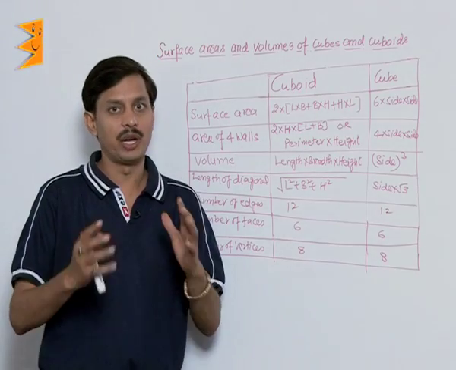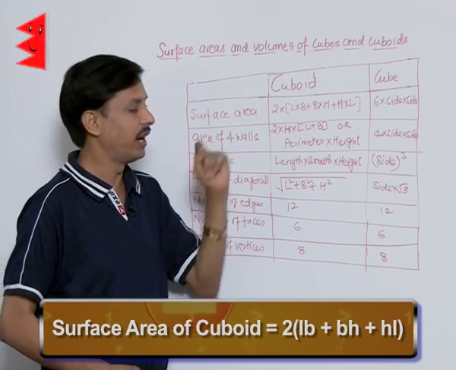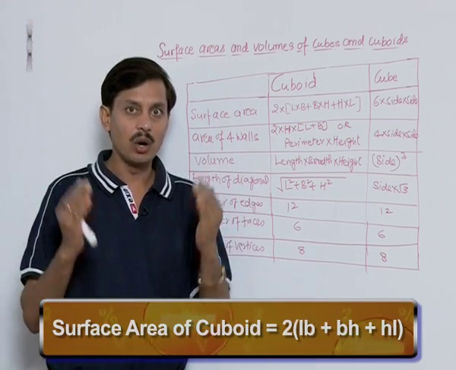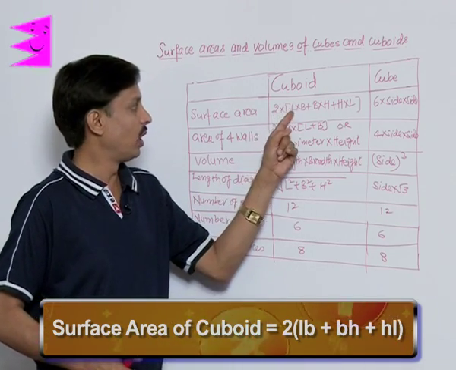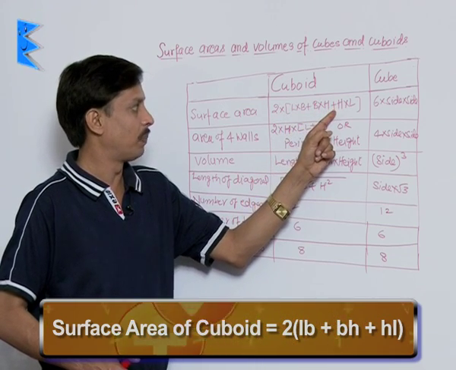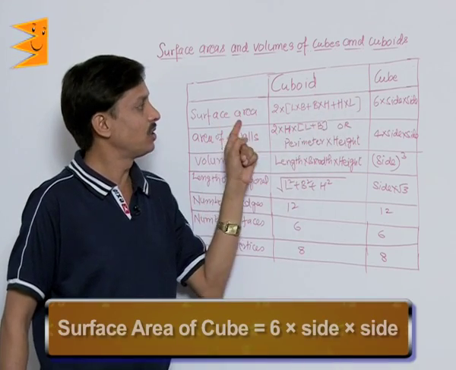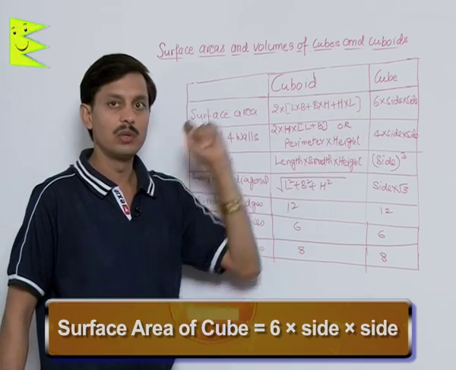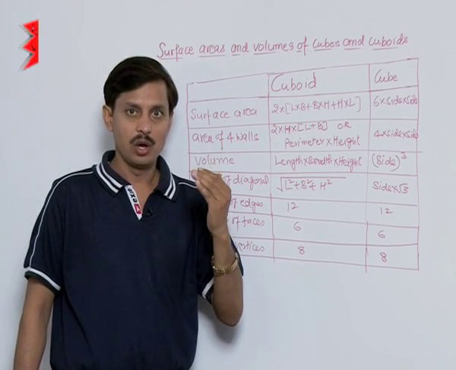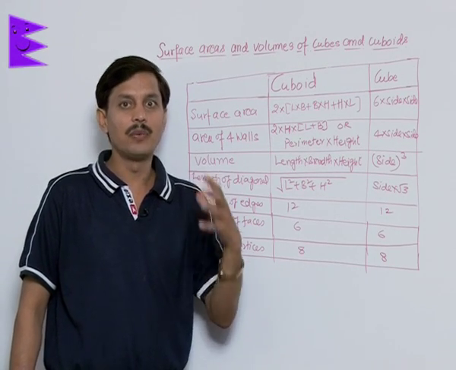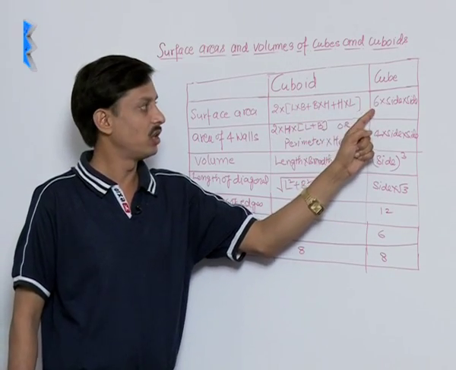The surface area of a cuboid, that is the area of all 6 faces, is 2 into length into breadth plus breadth into height plus height into length. In the case of a cube, all 6 faces are identical, so the surface area is 6 into side squared.